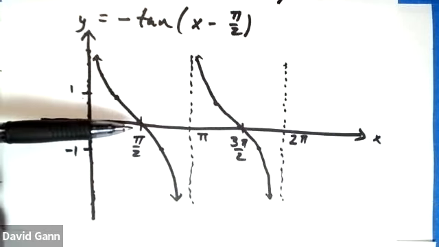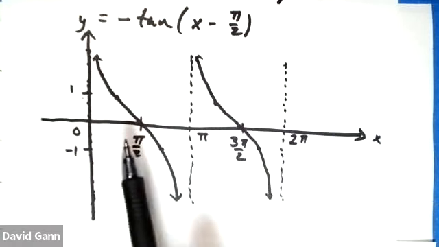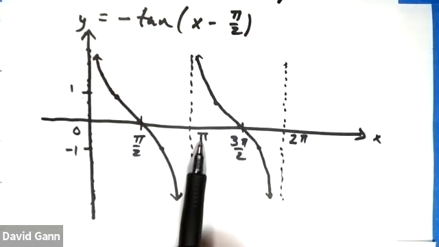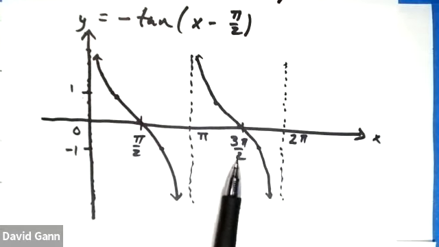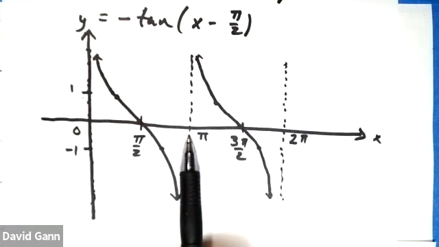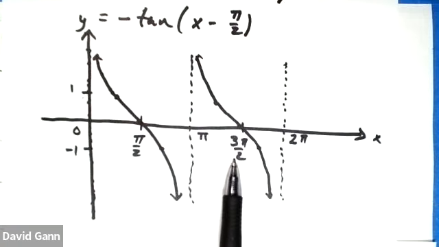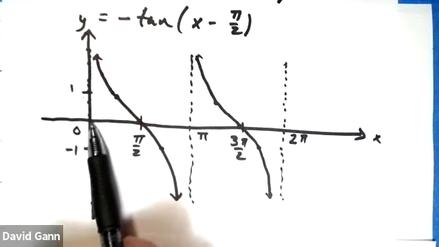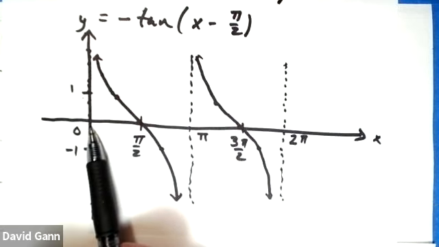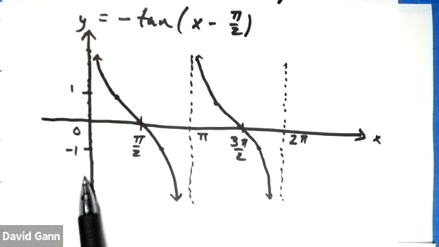So nothing has changed about the period. So if we go half a period to the right, we have pi over 2. Full period, half pi to the right, we have pi. Full period to the right, it's 3 pi over 2. And if we go backwards, you'll actually have this vertical asymptote at 0.